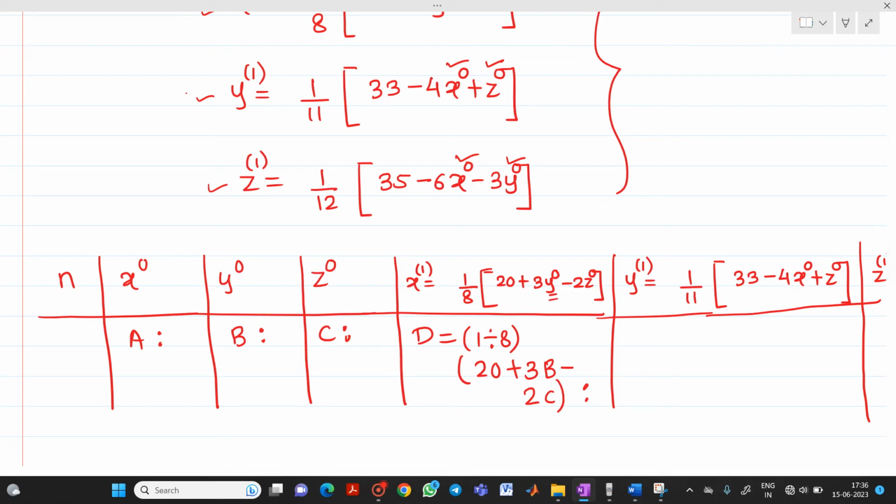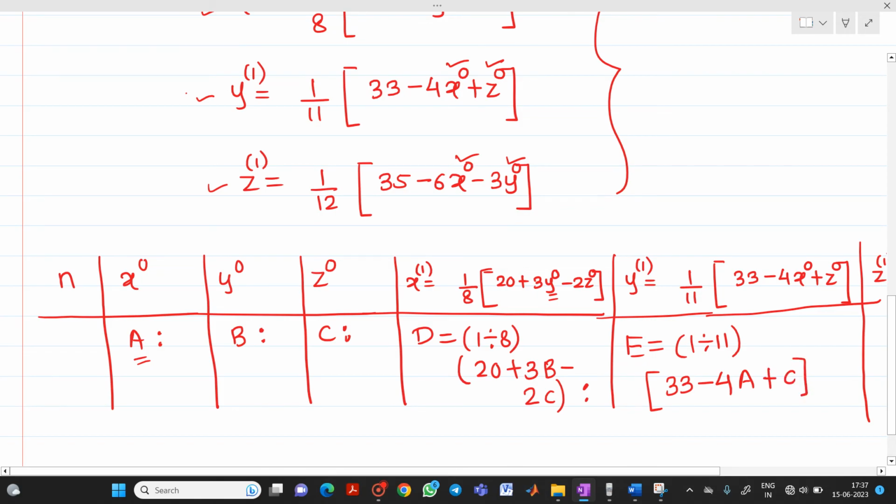Then there will be a colon. This y1 is represented by e, which is equal to 1 divided by 11 into bracket 33 minus 4 times x0, which is represented by a, so I will write 4a, plus z0 represented as c, so I will write it as c.